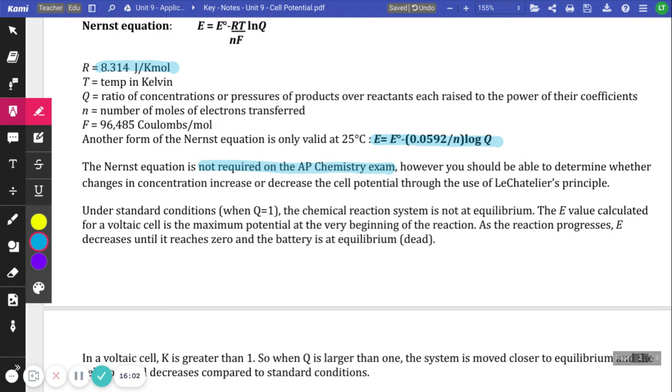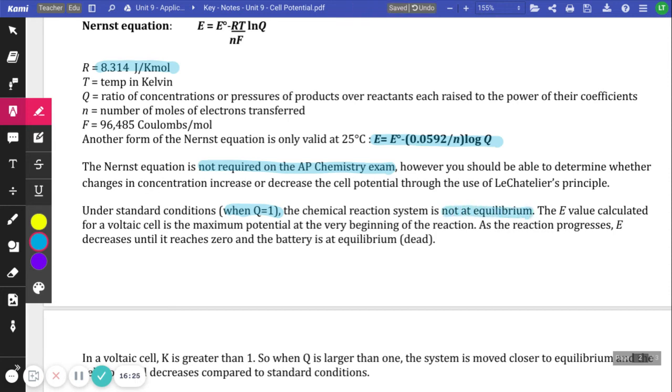So now let's talk about how we can know how changes in concentration are going to affect our cell potential without having to use that long, complicated equation. Under standard conditions, when Q is equal to 1, the reaction is not at equilibrium.